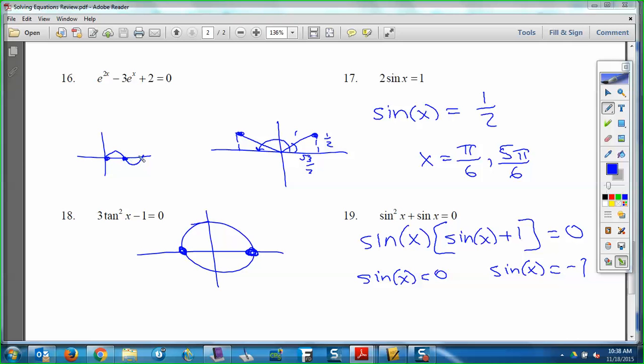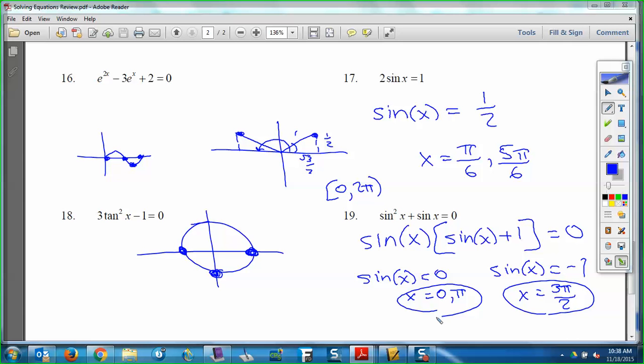At 0, at pi, and back at 2 pi. So usually our interval is 0 to 2 pi, but it doesn't include the 2 pi. So we'd probably say x is 0 and pi would be a solution to that. When is sine negative 1? 3 pi over 2 on the unit circle, or down here on the sine graph, it's negative 1 at 3 pi over 2. So x equals 3 pi over 2. So there are your solutions.